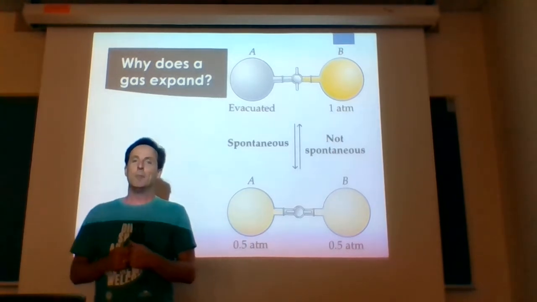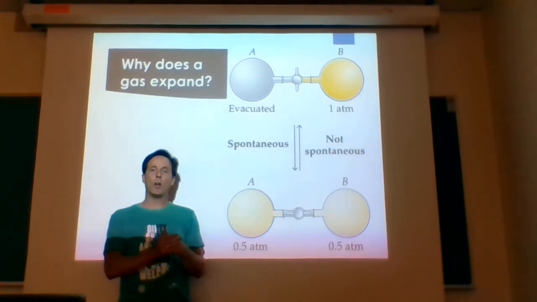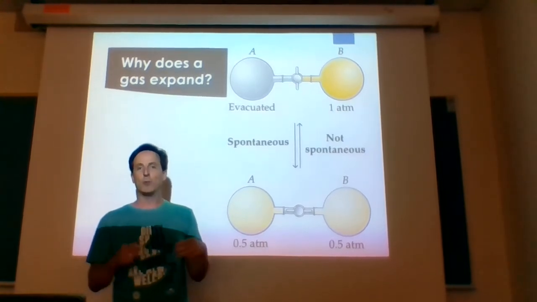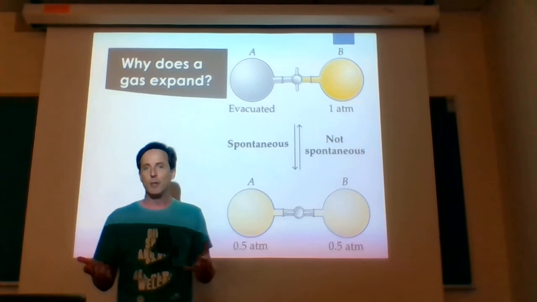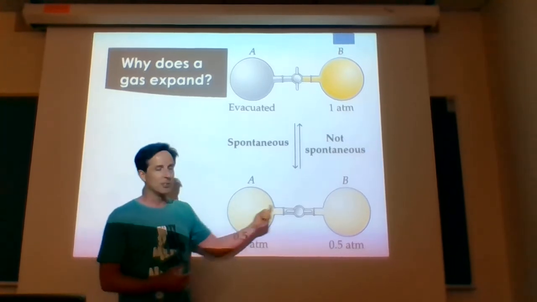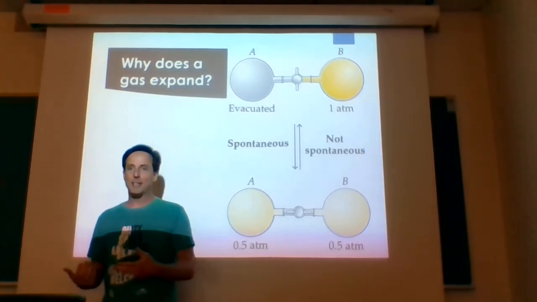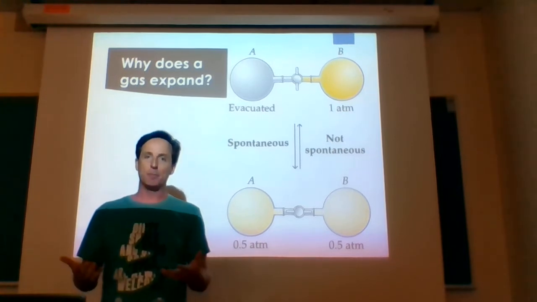Okay? By saying it that way, where the molecules want to escape, we're giving the molecule feelings and desires, which is not really true. Actually, the reason the molecules do this is not so they can get space. It's actually just based on probability.